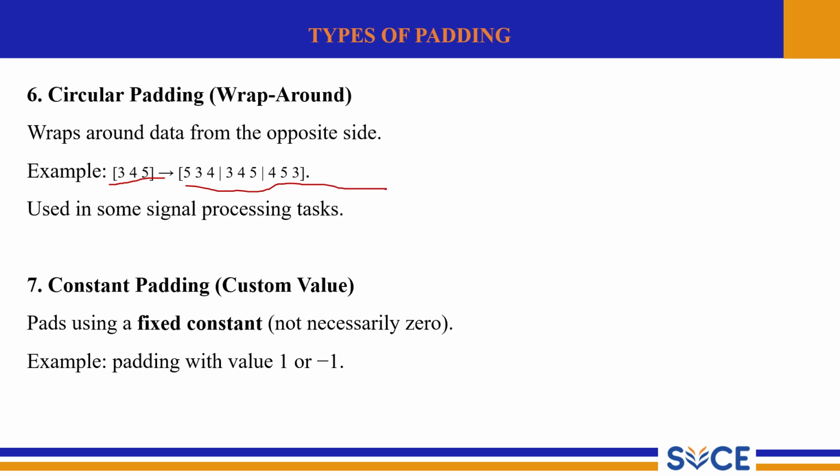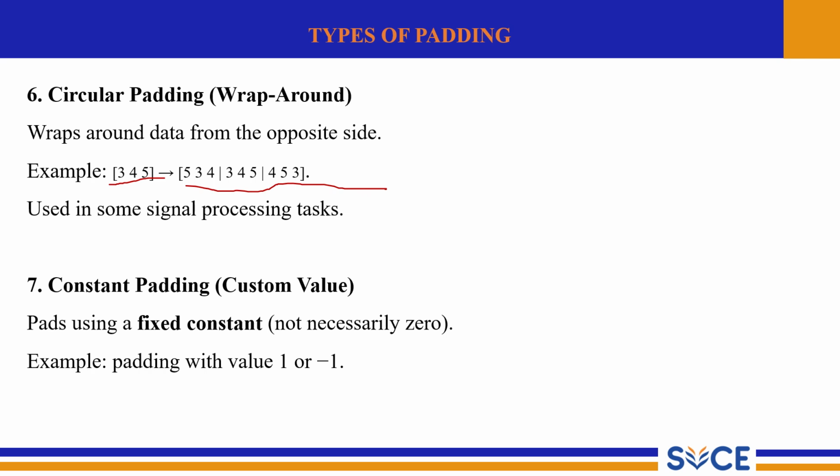So this technique treats the input as if it were circular or periodic. Circular padding is commonly used in signal processing and frequency-based applications where data naturally repeats or wraps around.